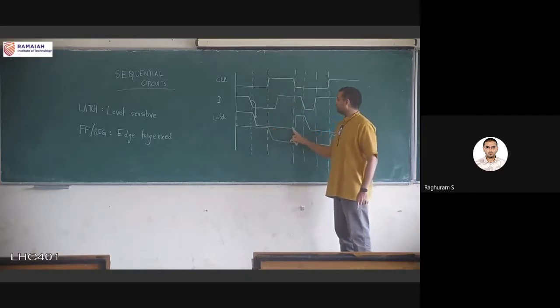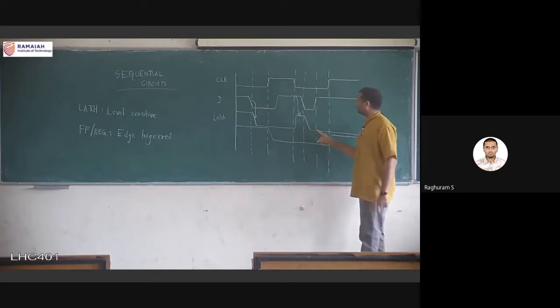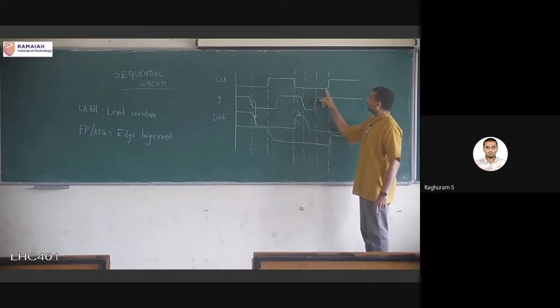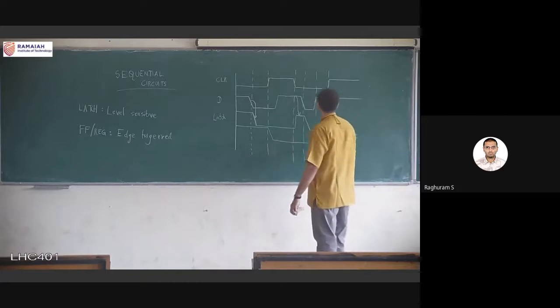Okay, it stays at 0 until the next clock cycle. So next clock cycle the data is high, so the output rises to match the data, and then again it starts following the data until the clock goes low. Sorry, I knew I would have made some mistake.